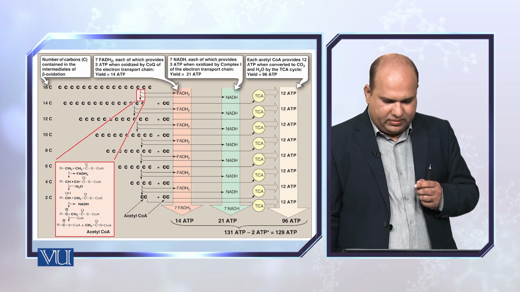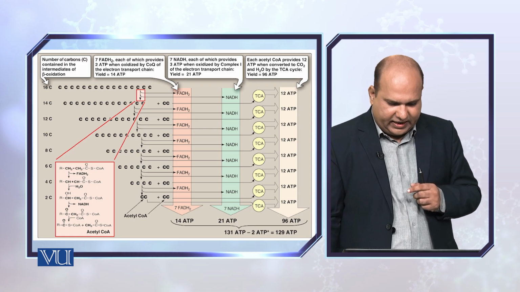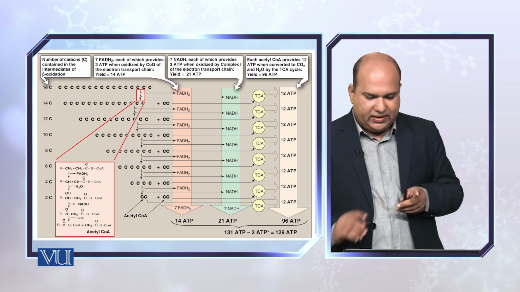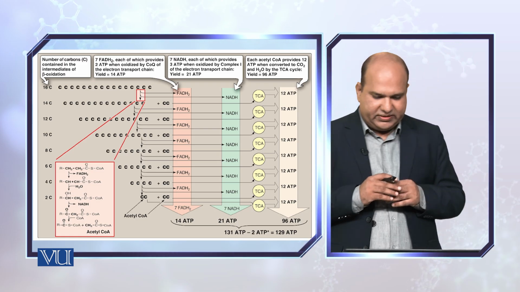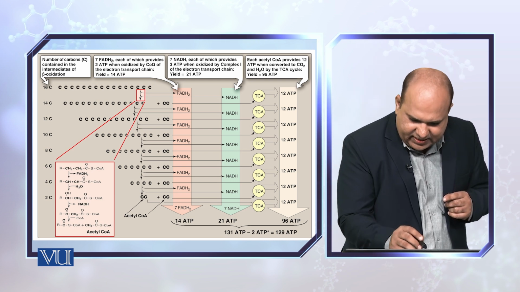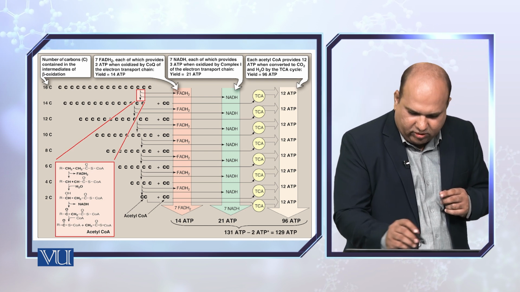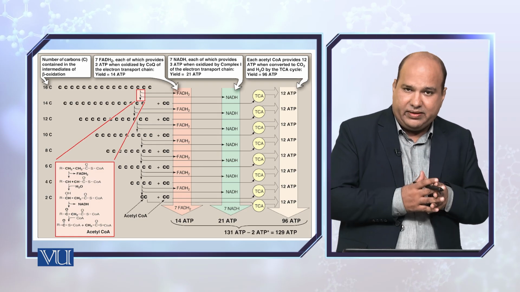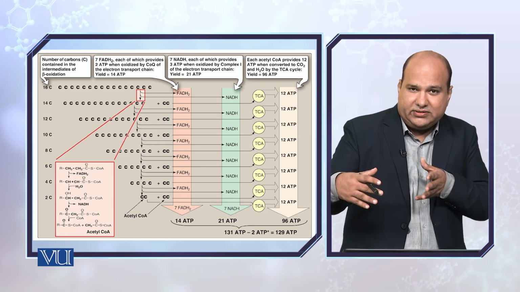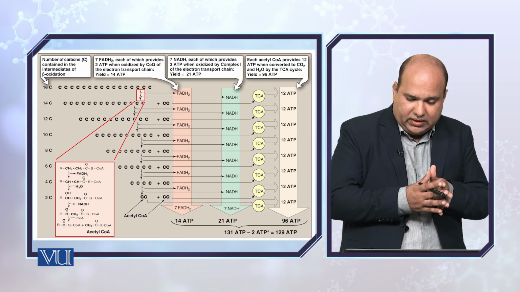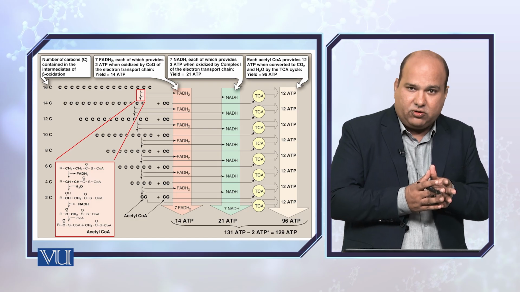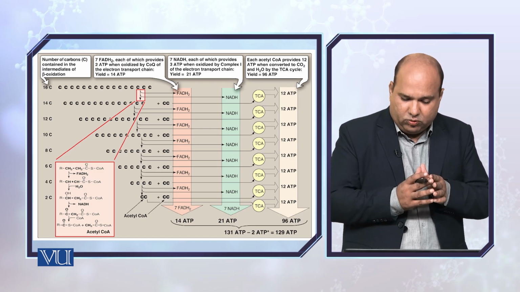Rather than this slide, if I take this one, it will be easier for you to understand. Here you can see each thiolytic cleavage, which ultimately gives rise to the formation of one acetyl-CoA molecule.